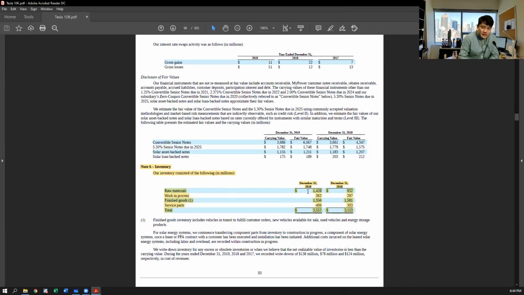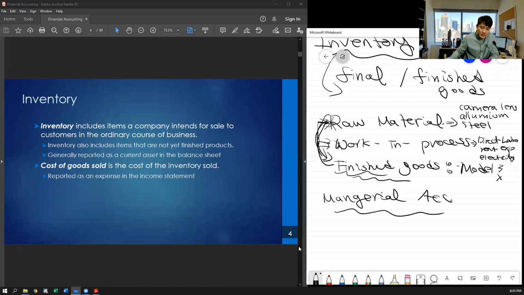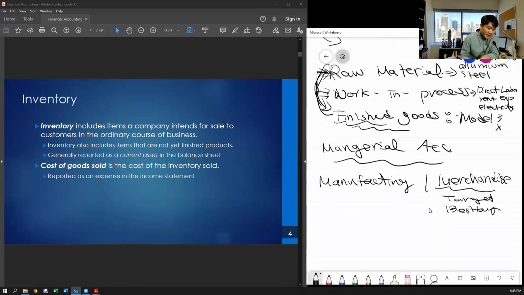Now, since Tesla is a manufacturing company, that's why you are seeing raw material, work in process, and finished goods, a detailed description of the inventory. But we actually have two types of companies. You have manufacturing companies, just like Apple or Tesla, and merchandise companies, for example, Target or Best Buy. These companies are not manufacturing products.